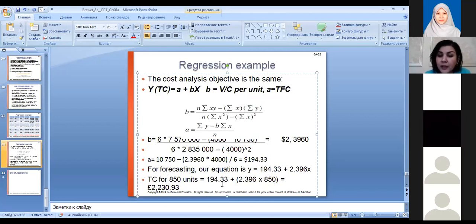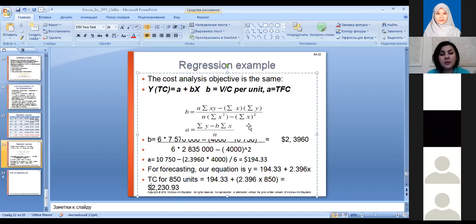So we multiply and add up these two values, and we can forecast that the total cost equals $2,230.93.